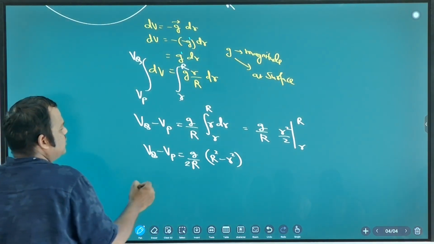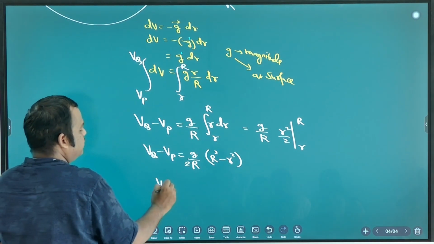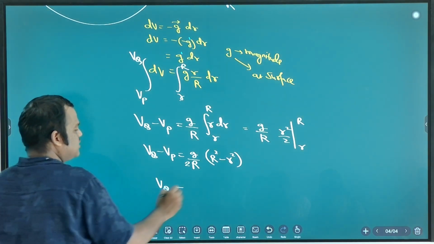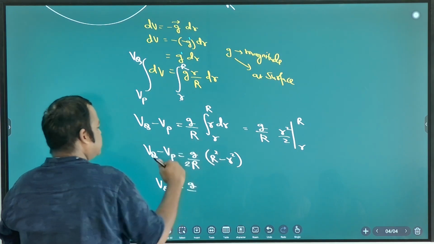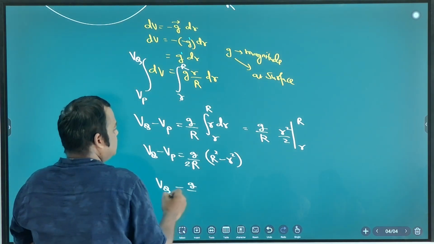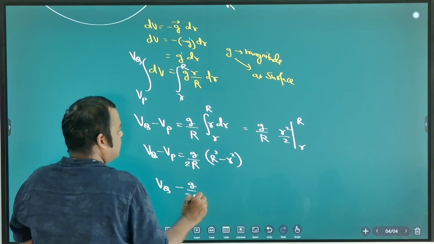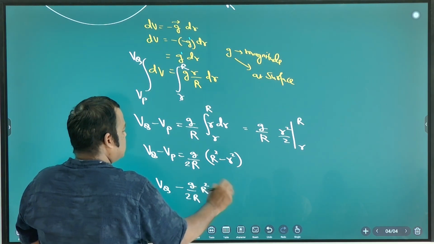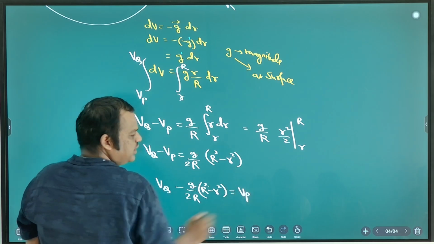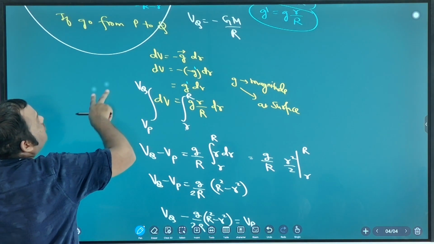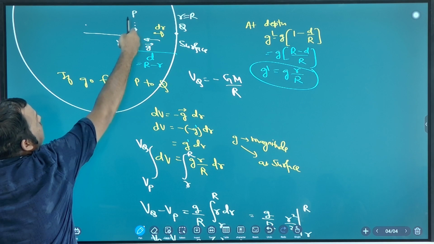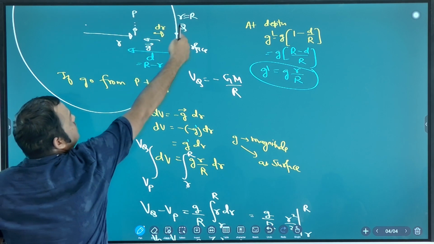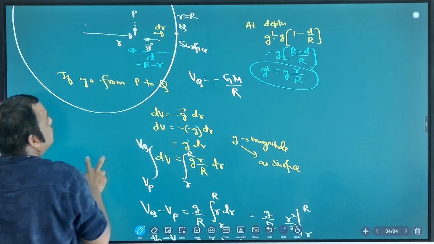Take Vq to the left side, minus Vp on the right side. So Vq minus g by 2R (R square minus r square) is equal to Vp. We have to find Vp only. This we know, and I am finding Vp.